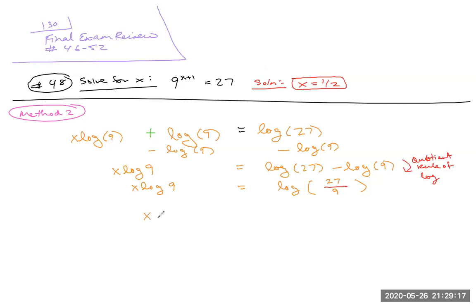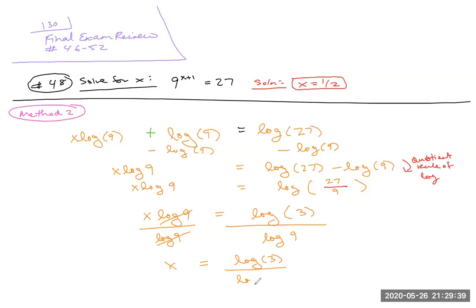We have x log 9 equals log of 27 divided by 9 is 3. Go ahead and divide out both sides by log 9 to isolate x. You have x equals log of 3 divided by log of 9.